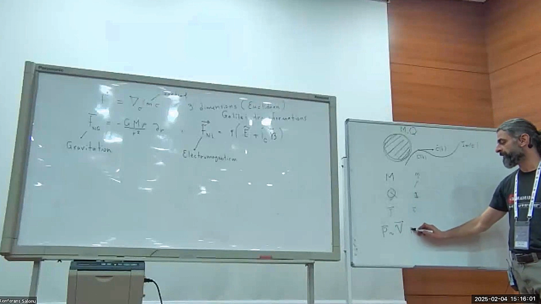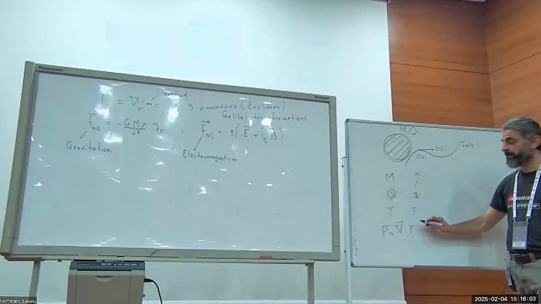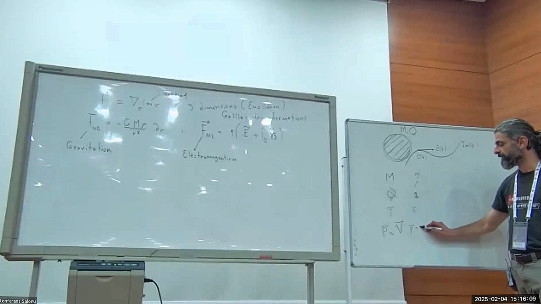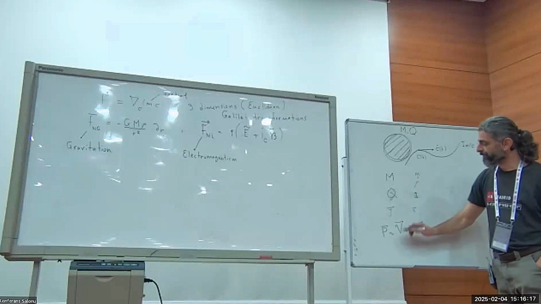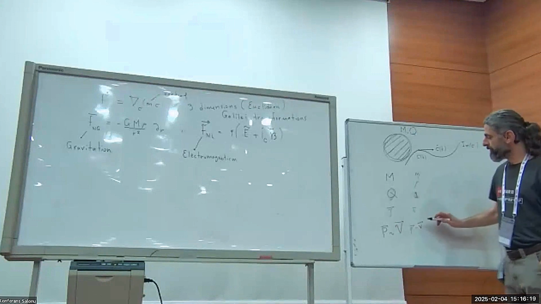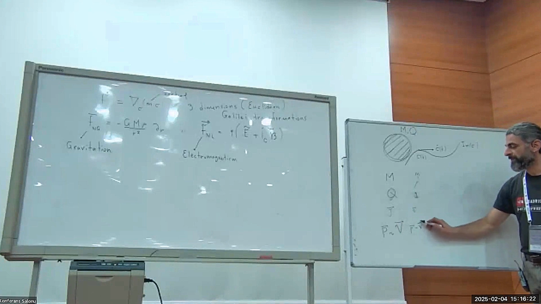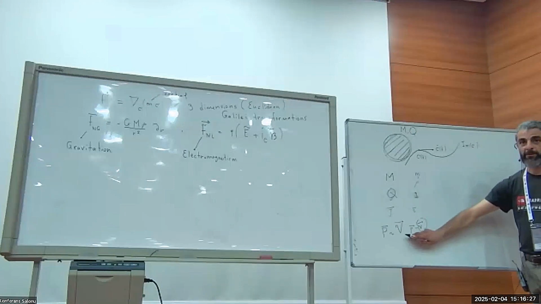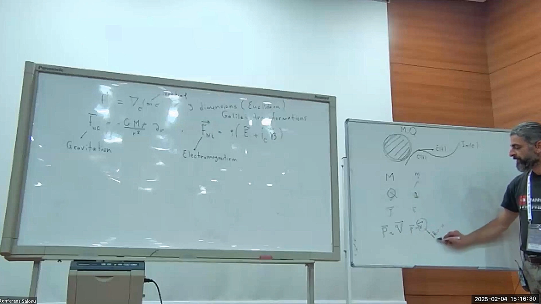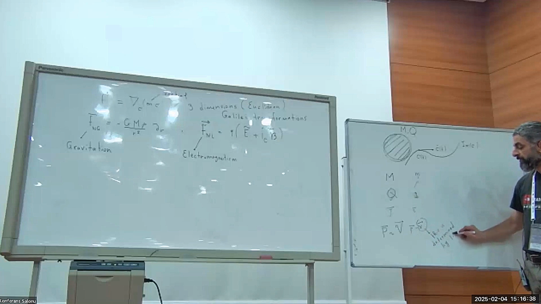So the test particle will have momentum and it's related to its velocity. So these are not arbitrary, okay? This is not, this is, or its momentum, this is determined by the source, okay?